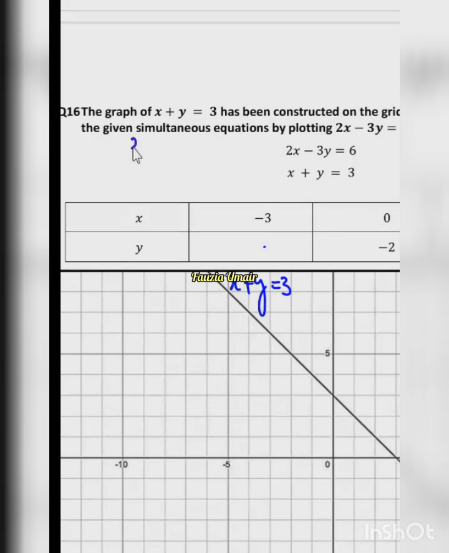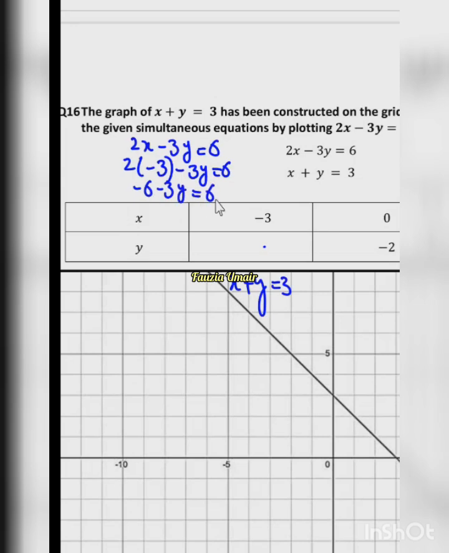Ma'am, in the formula 2x minus 3y is equal to 6, put the value of x. That's right. We need to replace x with minus 3 in the equation to find out the corresponding value of y. So this is minus 6 minus 3y is equal to 6.